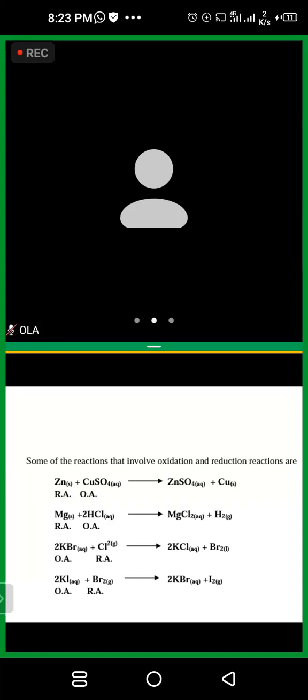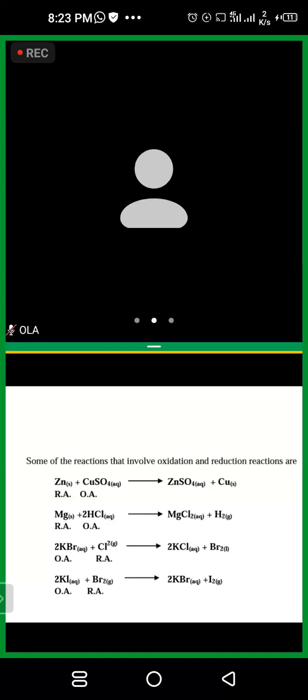Because chlorine is now added to magnesium, that means magnesium has been oxidized. For that reason, magnesium is the reducing agent because it reduces hydrochloric acid. Because chlorine has been removed from hydrochloric acid, that makes hydrochloric acid the oxidizing agent because it was carrying the electronegative element. So it is now reduced to hydrogen.